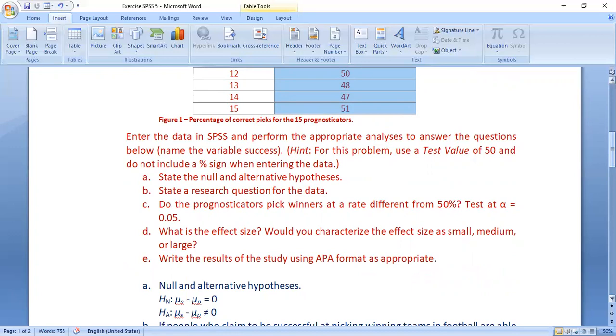So the sample mean also will be quite near to 50%, what the population mean basically is. So that is the null hypothesis, where we say that there's no significant difference between the sample mean and the population mean. And then if you look at the alternative hypothesis, here sample mean minus population mean is not equal to 0.